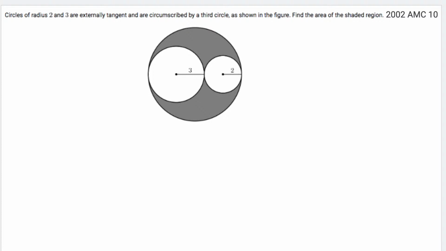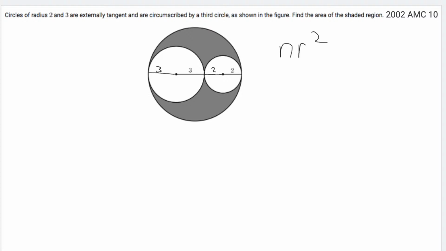First, to find the area of the bigger circle, we know the formula is pi r squared. Remember, the radius is half of the diameter, so we have to find the diameter. If the radius is 2, this length is 4, and if this length is 3 and you connect it all the way here, then this length is 3.